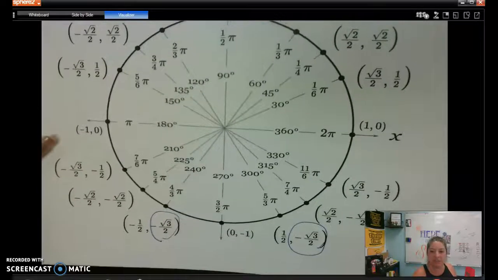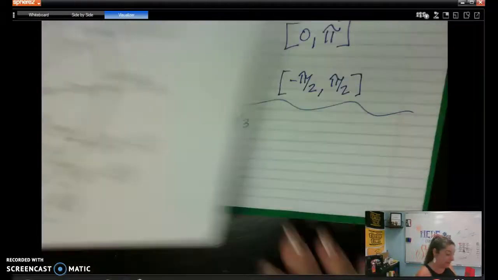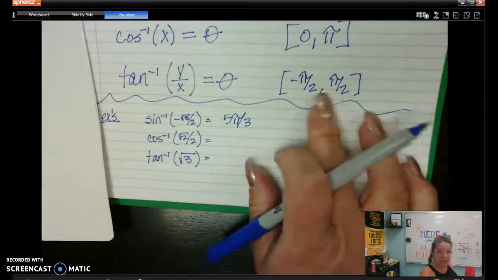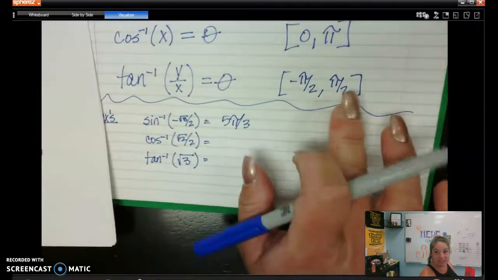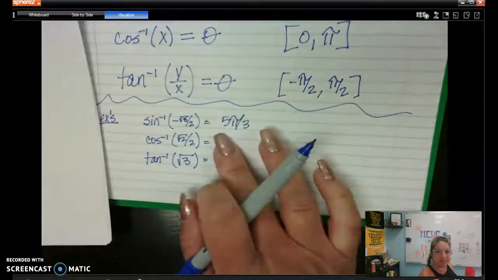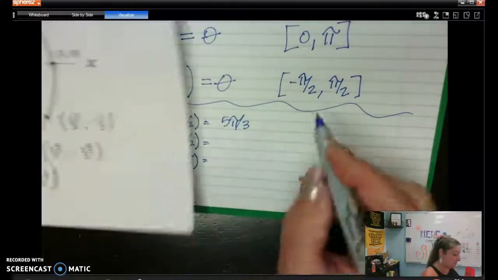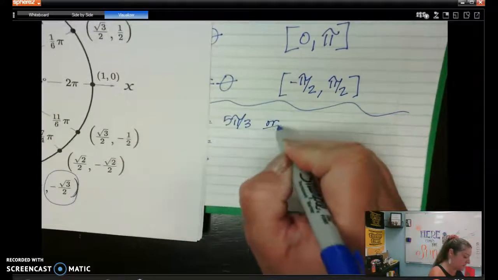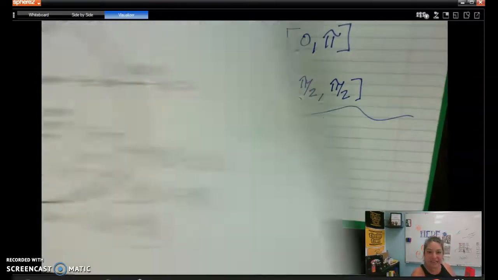However, we don't want it in terms of 5 pi over 3, because 5 pi over 3 is bigger. It's outside of this boundary that is the same, remember, as the tangent. It's outside of that boundary. And so we want to give it a different name.